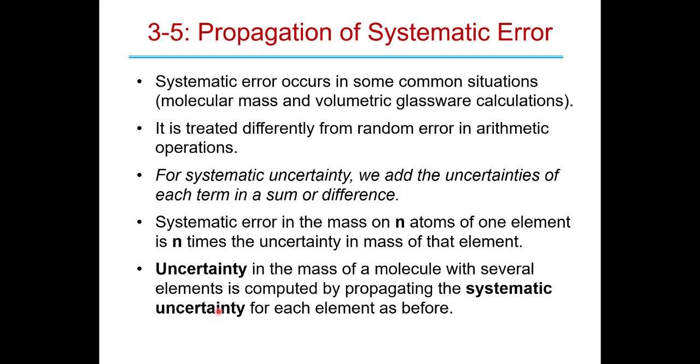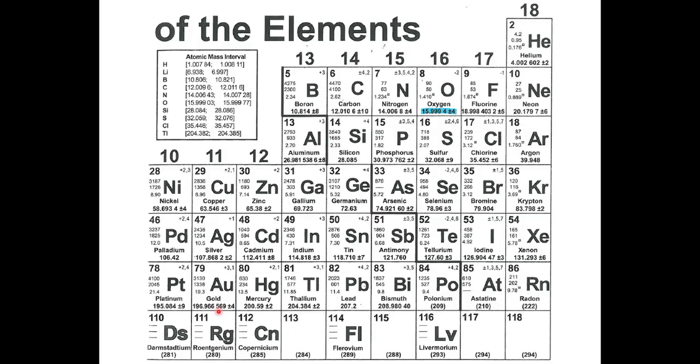So let's do an example, and hopefully that'll help make this a little bit more clear. I realize this may seem a little bit confusing right now. This is a copy of the periodic table from the inside cover of your textbook. This is one half of it because it spreads onto 2 pages, but so that it's not too small, I just copied one half of it.